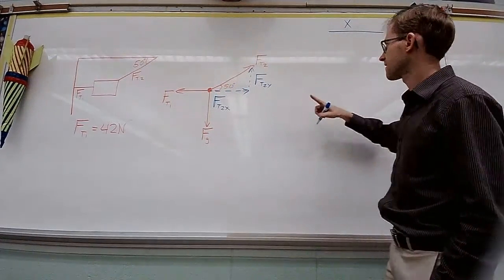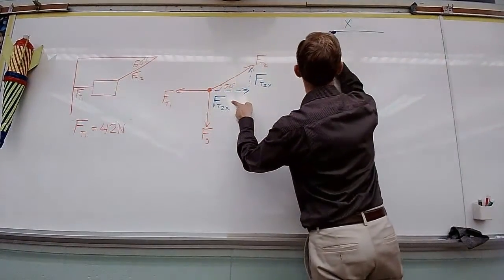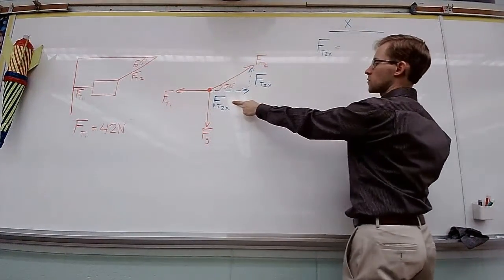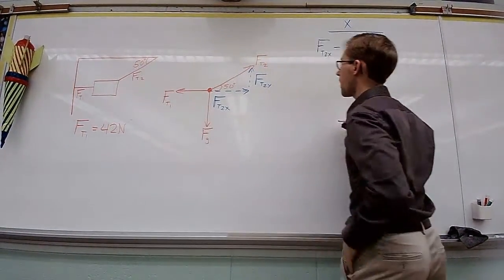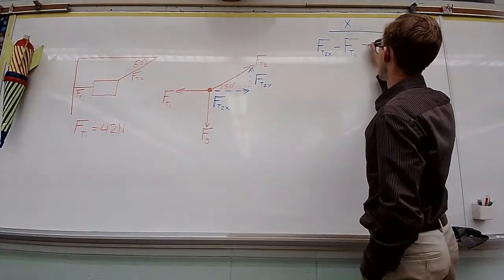Okay. So in the x direction, we've got Ft2x going to the right. And that's being opposed by Ft1, that's going to the left. So I have to subtract those two.